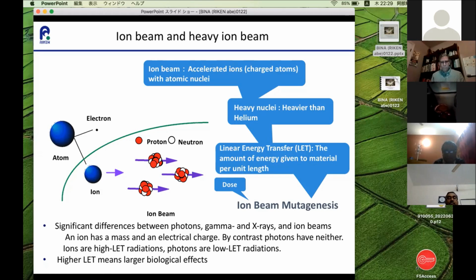An ion beam has a mass and an electrical charge. By contrast, gamma ray has neither. Ions are high LET radiations. Gamma ray and X-ray are low LET radiations. Since this transferred energy has an effect on the irradiation target, the higher the LET, the larger the biological effect.